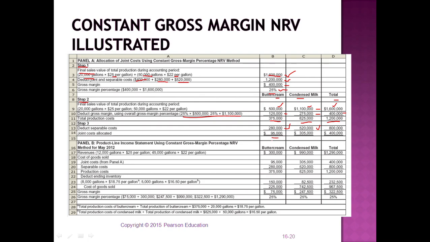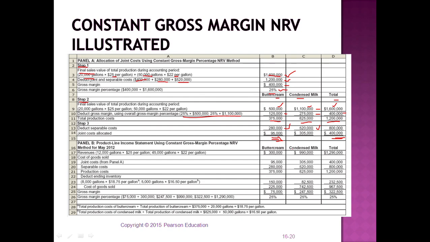So notice that under the gross margin percentage method, you don't actually calculate the joint cost as a percentage of something, but rather you go backward and first you calculate the gross margin, remove the gross margin from the total sales value, and then you get the total cost. From the total cost, remove the separable cost, and you are left with the joint cost. Okay, so the joint cost allocatable to buttercream is 95,000, and the joint cost allocatable to condensed milk is 305,000. That is how this total 400,000 was distributed.